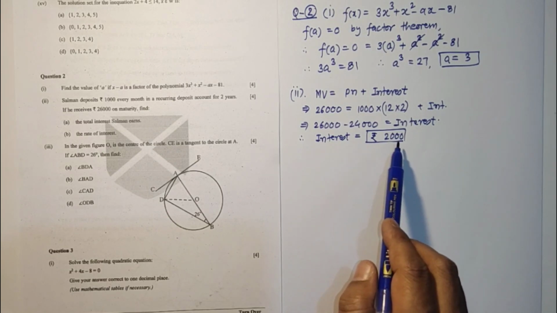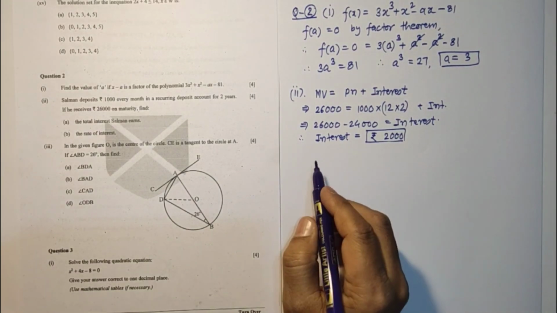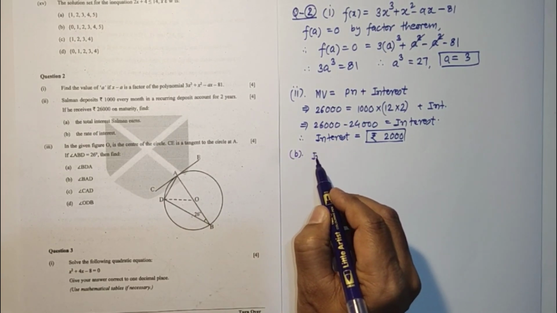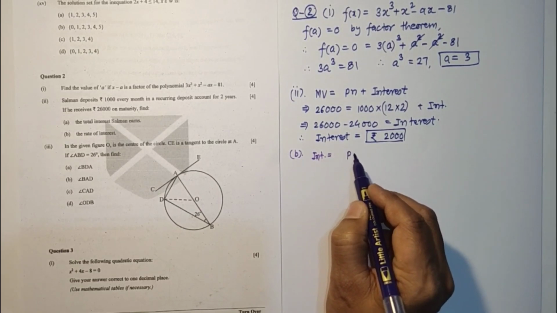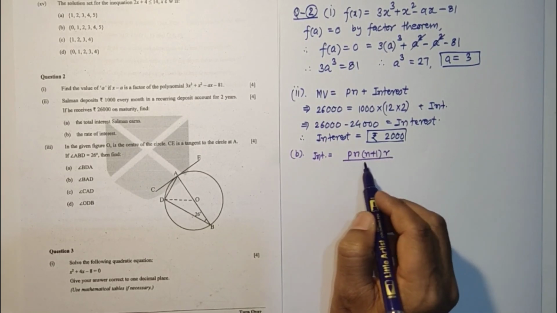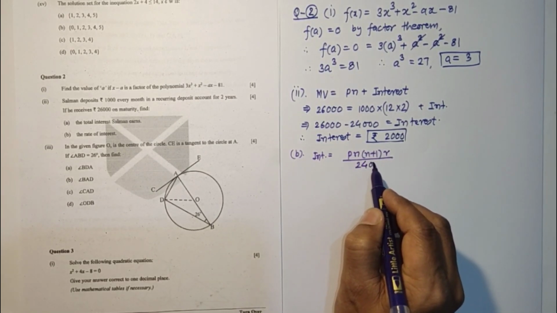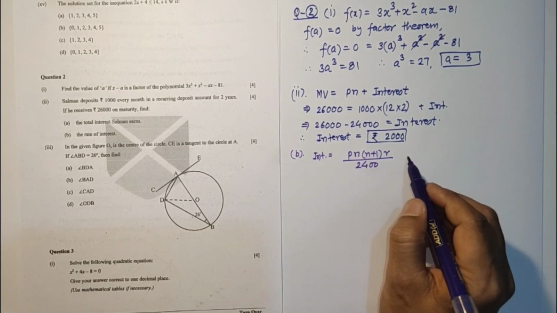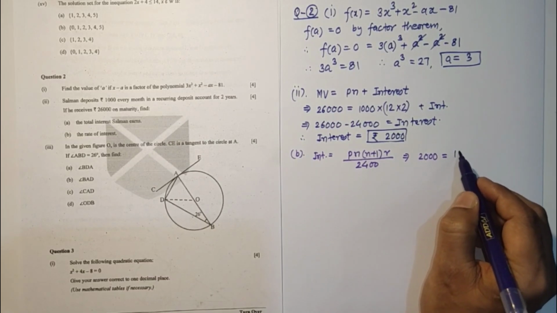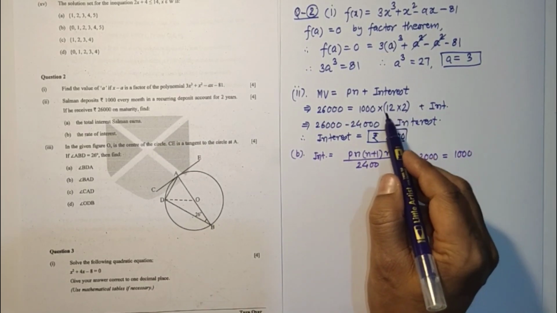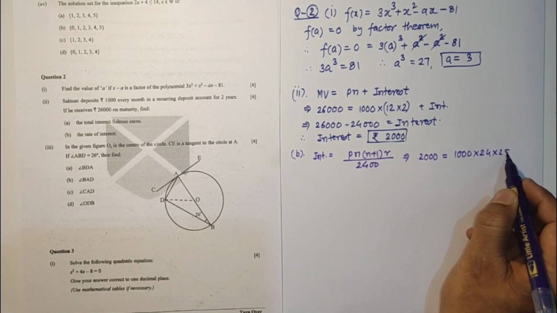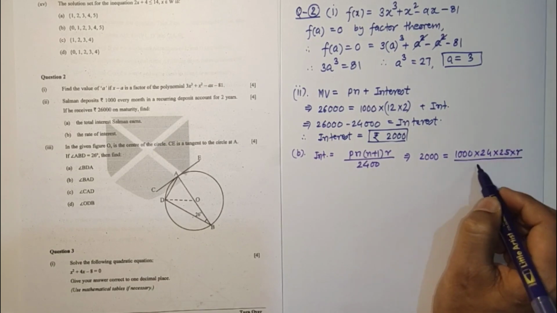Interest is rupees 2,000. Now using the formula for interest for the second subpart, part B: interest is equal to Pn(n plus 1) into rate of interest divided by 2 into 12 into 100, that is 2400. We already found interest as 2000. Using that, 2000 is equal to P is 1000 and n is 24, because 2 years means 2 into 12, 24, and 25, we don't know r, we have to find it, divided by 2400.